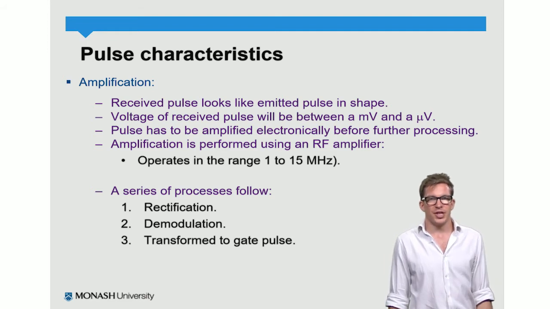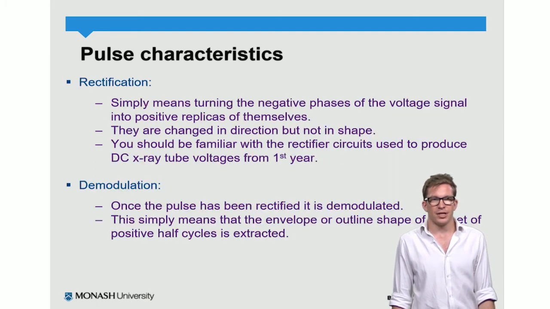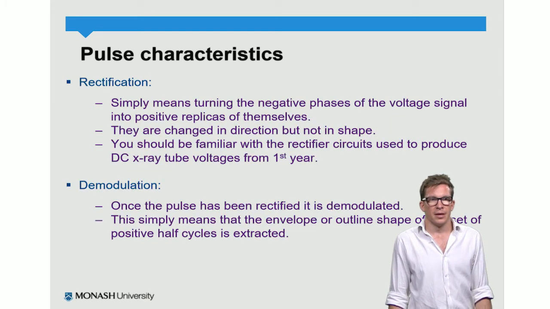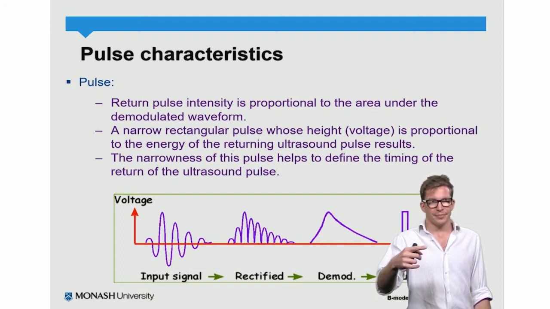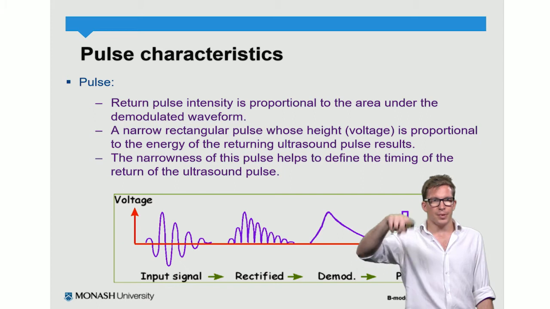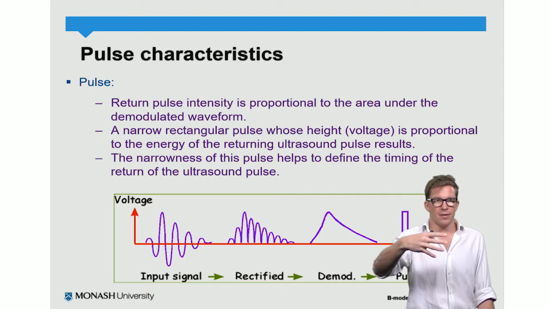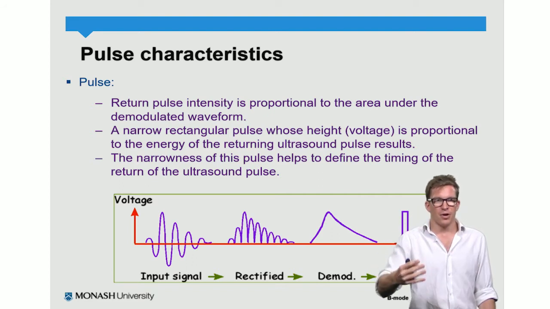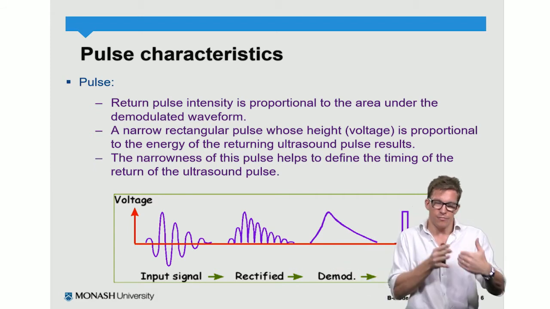And we're going to see the steps we use to do that are called rectification, demodulation, and then transformation to a gate pulse. So the easiest way to discuss this is in terms of the diagram at the bottom of this slide. So we can see the input signal oscillates above and below the baseline. So it has positive and negative components. And all of those components are indicative of what happened to the outgoing pulse to give us that returning pulse.